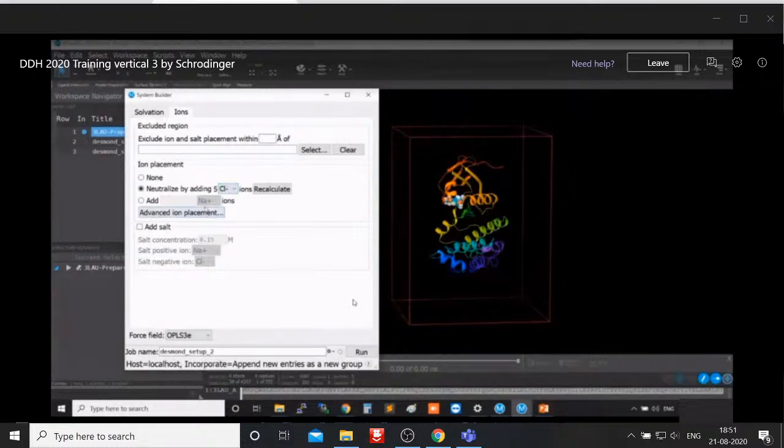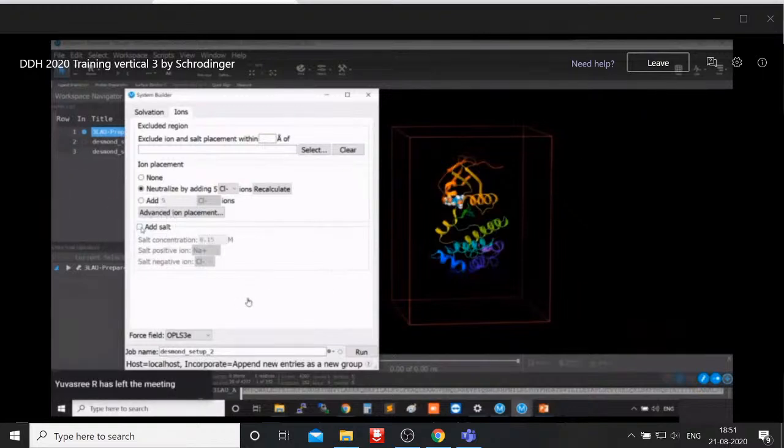Or if you want to add positive ions, for example sodium ions or anything else, you can use those if necessary. But ideally it automatically computes and gives you a suggestion, and if you don't want to change it, you don't need to. Then it also gives you an option to add salt ion concentration.